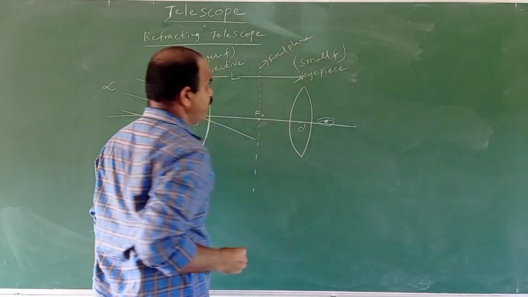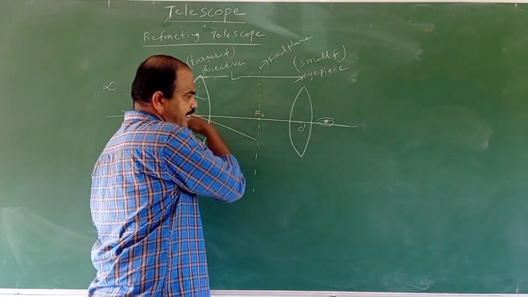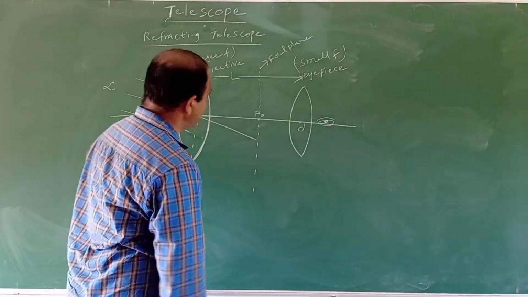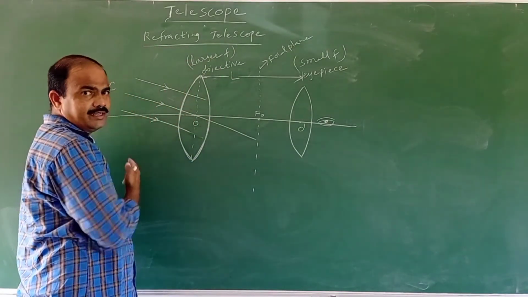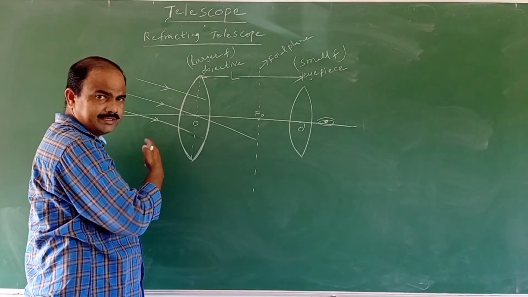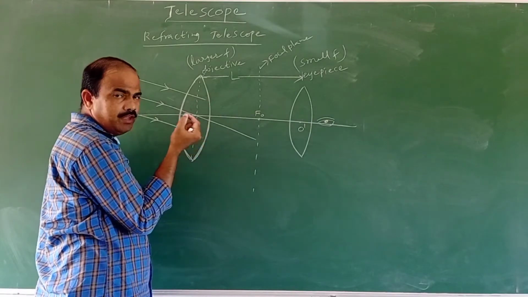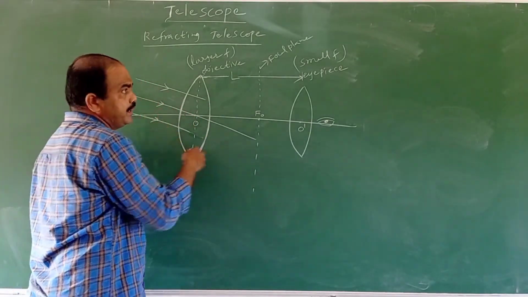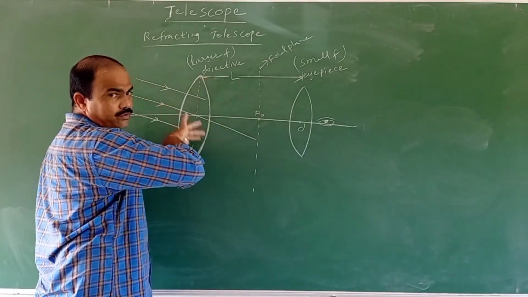So what is the focal plane? The vertical plane passing through the focus, perpendicular to the principal axis, is called the focal plane. That's why when the object is at a distance or at infinity, the objective forms the image of that infinity object in its focal plane, on the other side.